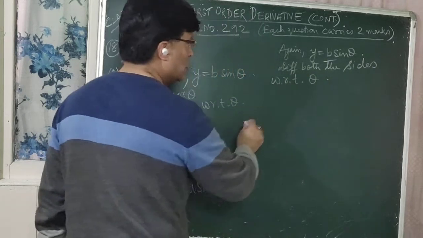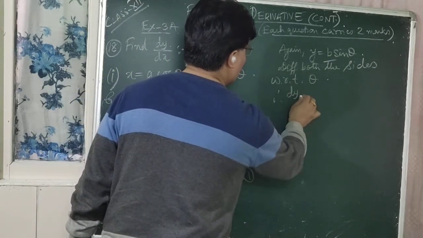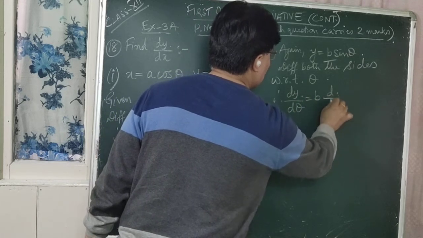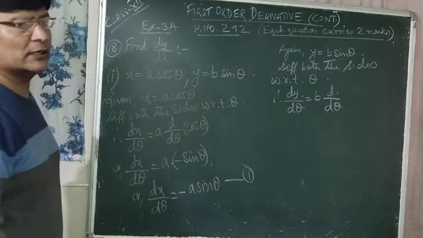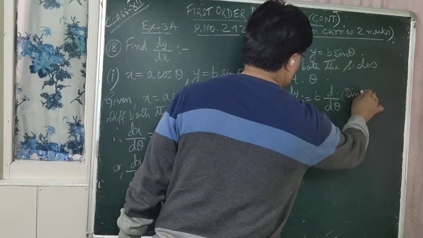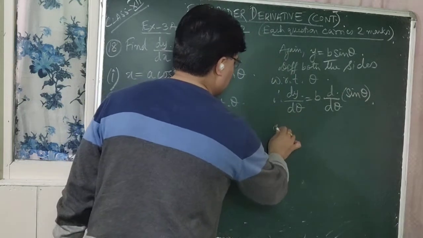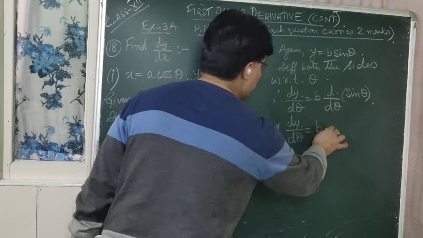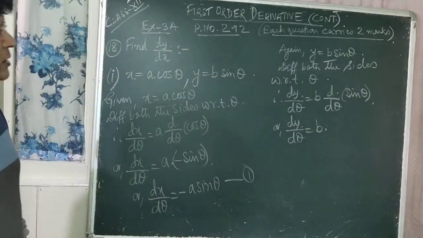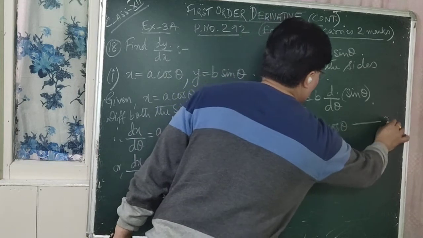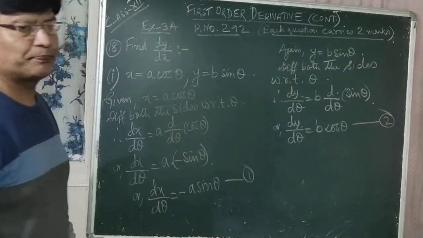Therefore, dy by d theta is equal to b, which is constant, so it is taken outside, into d by d theta of sin theta. What is d by d theta of sin theta? It is cos theta, right? So dy by d theta is equal to b cos theta. Mark it as number 2.